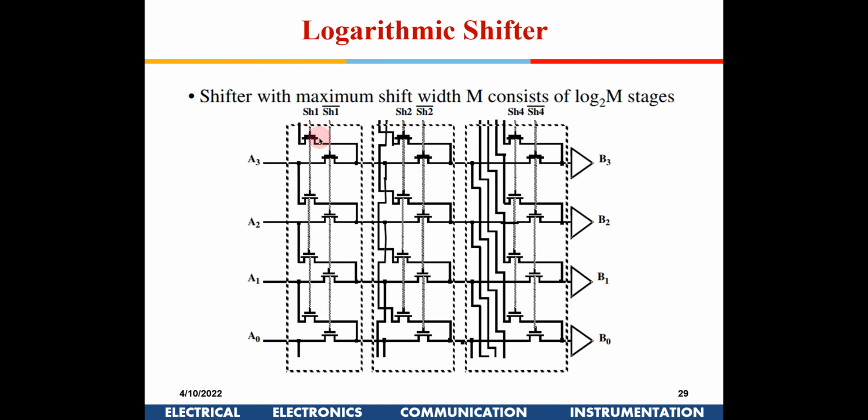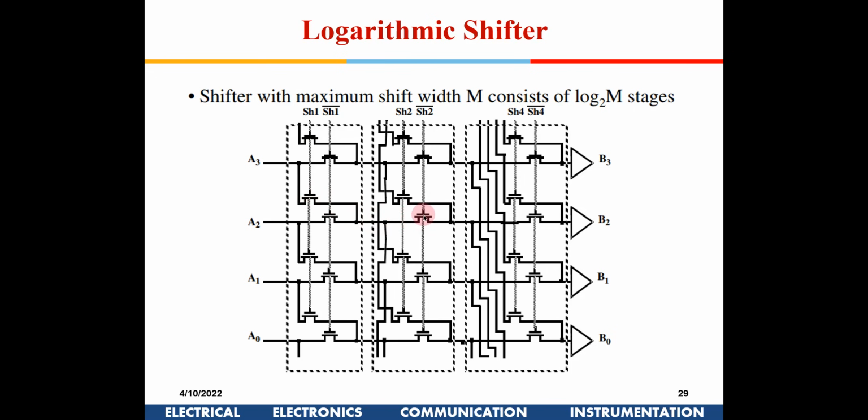Okay. So if you see these interconnections, and if you try to see what happens if both shift 1 and shift 2 are high, then you will find A3 being brought to B0 out here, right? If you can track that circuit, see A3, shift 1 is high, so this transistor is on, it will come here, right?